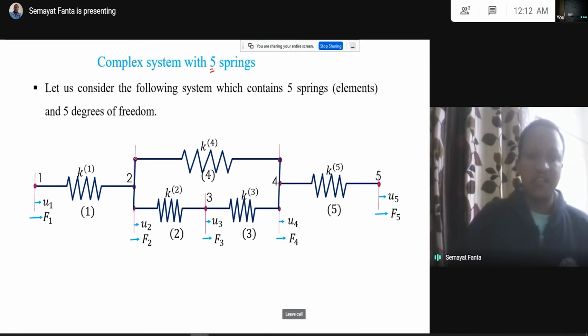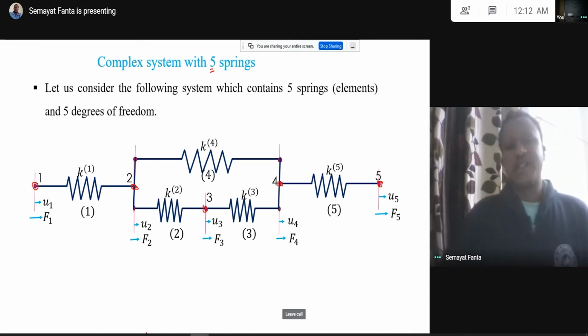Actually, these are not nodes. In this case, it is simply linked here, linked, and linked, so we cannot consider it as a node. So we have 5 nodes, node 1, node 2, node 3, node 4, and node 5.